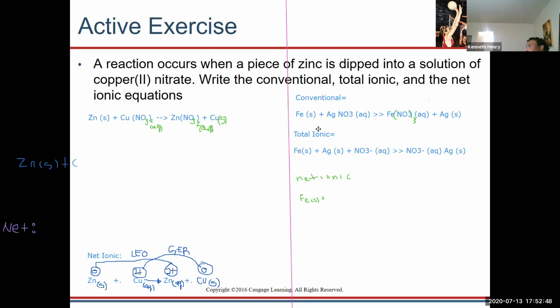Okay, so who wrote the total ionic equation for the iron and the silver? I did. So you may want to take a look at that.